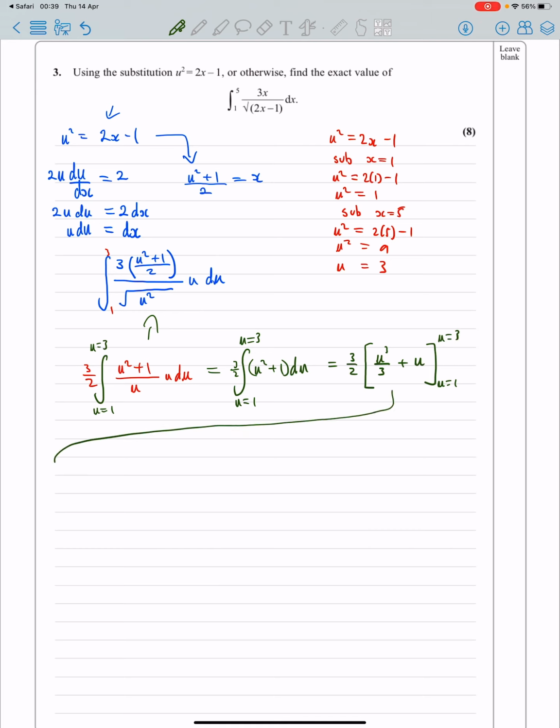Okay, and then when we substitute that in, we get 3 over 2 lots of, so substitute the 3 in, we get 3 cubed over 3 plus 3. So there's that bit substituted. And then we take away the lower limit, which is 1 cubed over 3 plus 1.